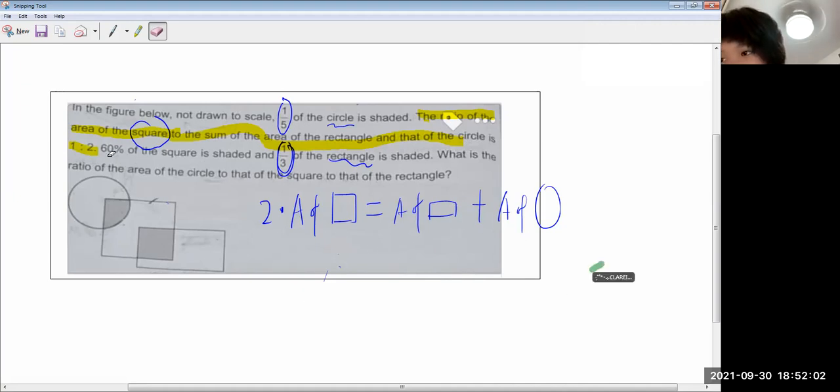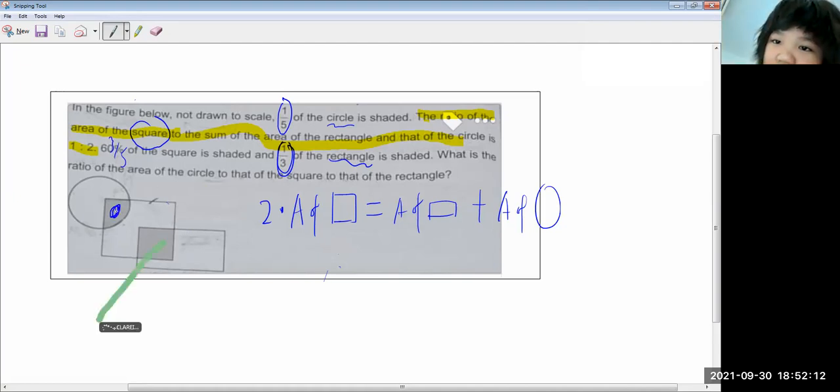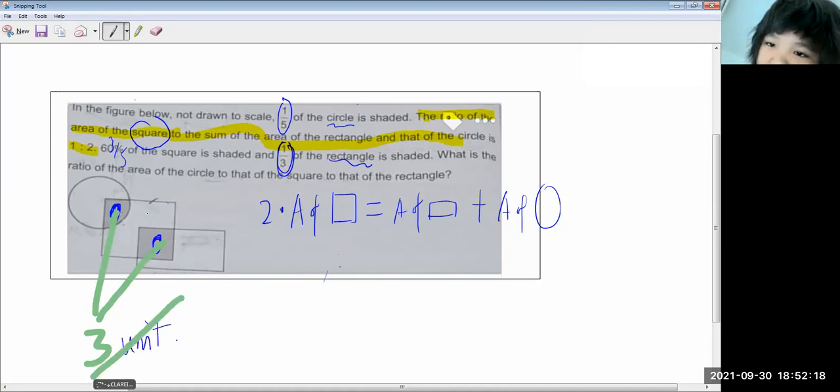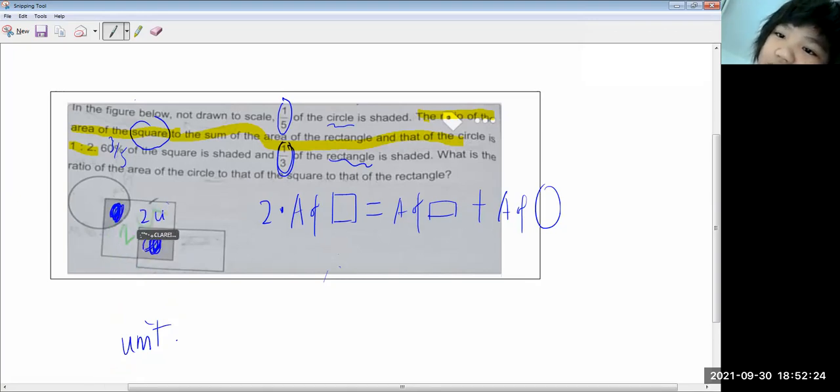So assume that 60% of the square is shaded. 60% of the square is shaded, that means 3 over 5. So that means the shaded part, this part and this part, is actually 3 units. Very good. Then the rest is 2U. So these two add to 3U.